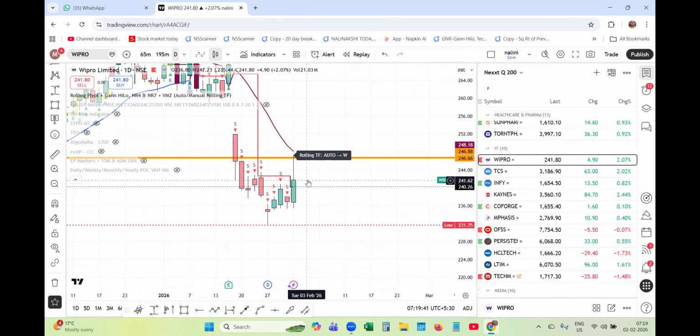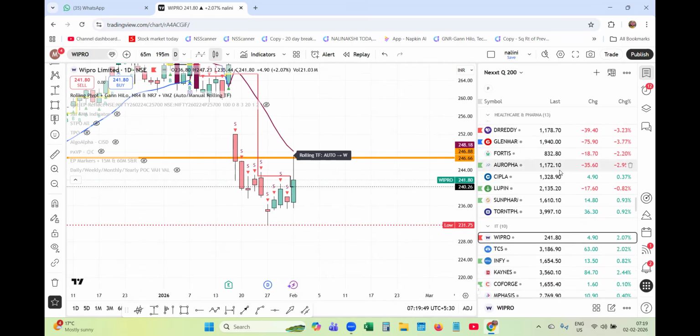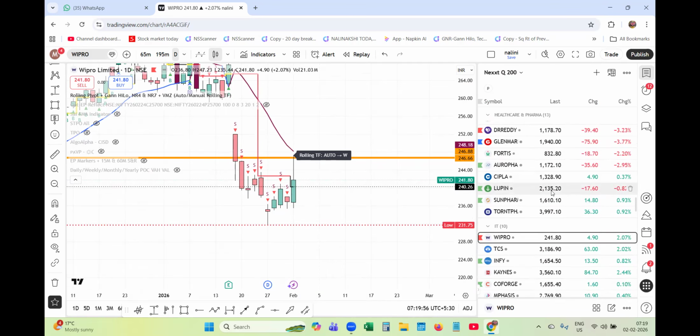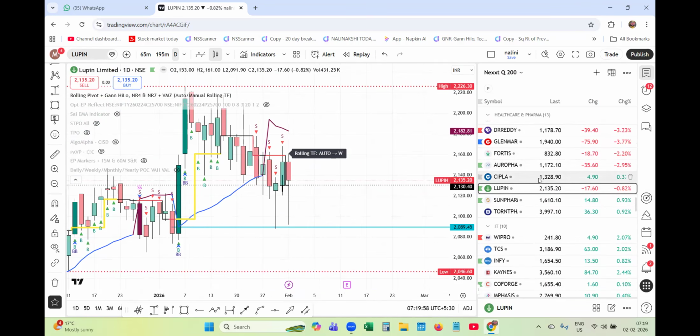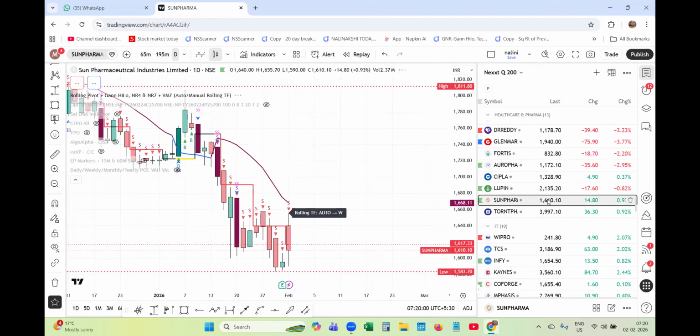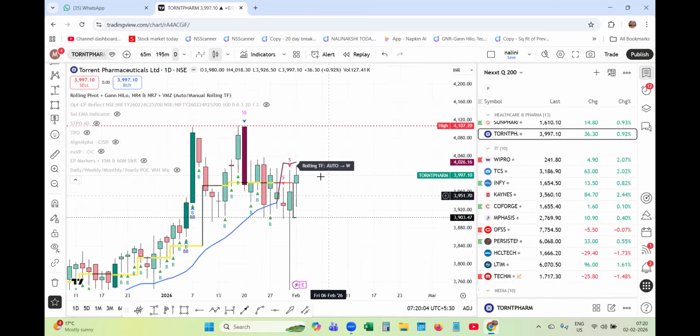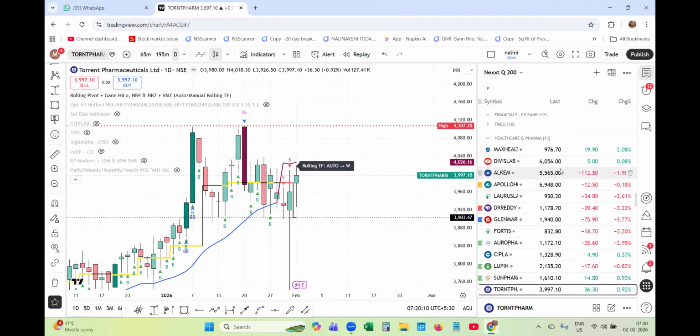Wipro has moved above, and there may be continuation of this Wipro on an intraday basis. So like that, you can consider few stocks in the pharma sector. Lupin, no. Sun Pharma, no. Torrent Pharma, yes, Torrent Pharma is showing a positive thing. So Torrent Pharma can be kept in your watch list.